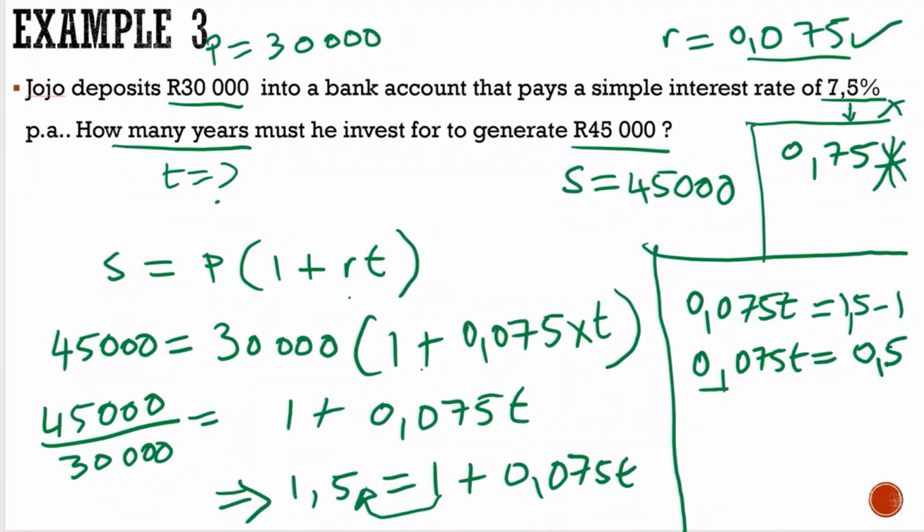Then you divide by 0.075. Normally I don't go through these steps, I'm just doing it step by step because some of us really have forgotten these things. So t is just going to be equal to 6.67. That is the time that they are looking for.